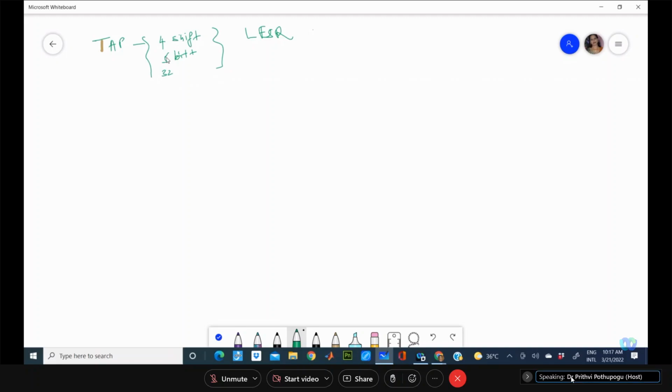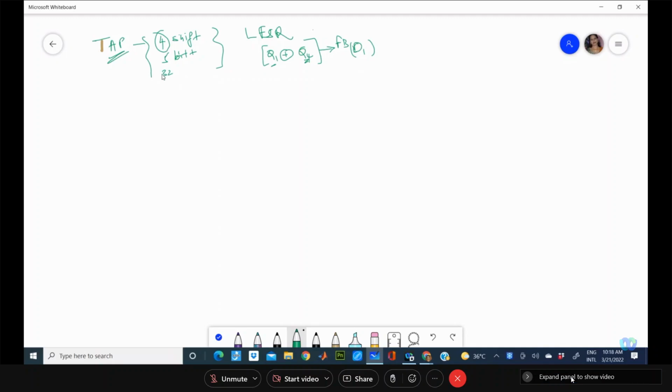We have taken an example for 4, wherein your Q1 and Q4 were taken as an XOR, and this feedback is taken to D1. This point where we take the feedback, we call it taps, the tapping point. Tap controller is test access port controller.